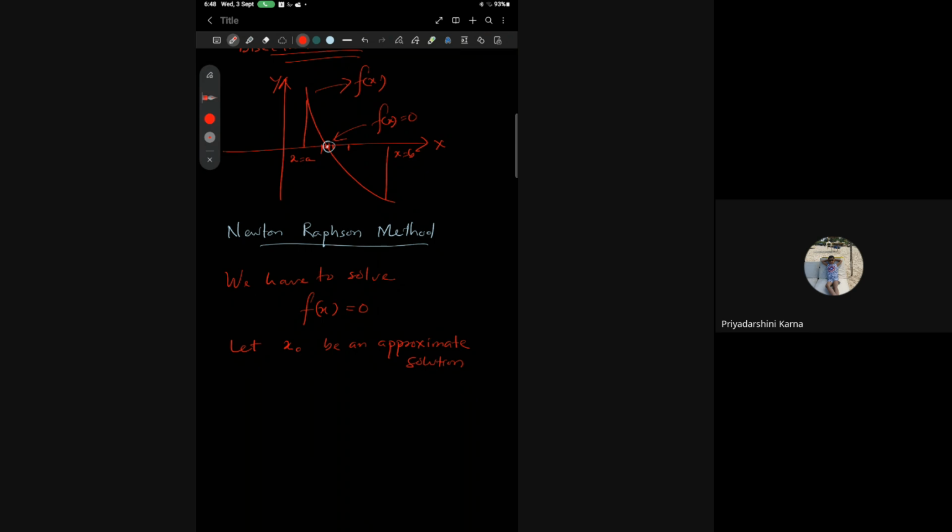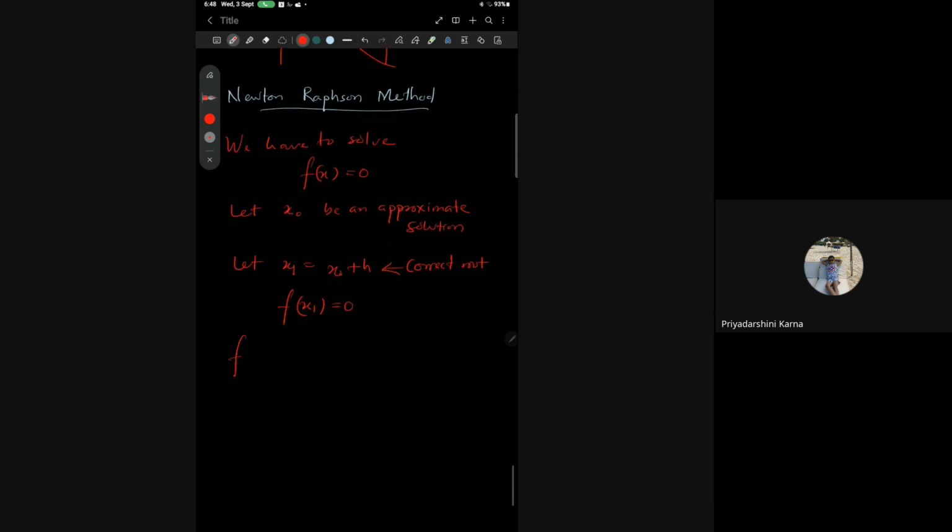If that is the case, and let x1 is equal to x0 plus h be the correct root. This is the correct root. Then what will happen? f of x1 will be equal to 0. Now f of x1 is equal to 0 means f of x0 plus h is equal to 0.